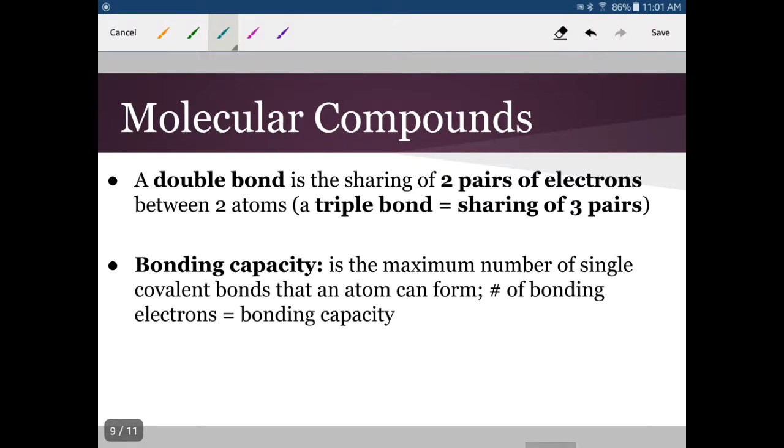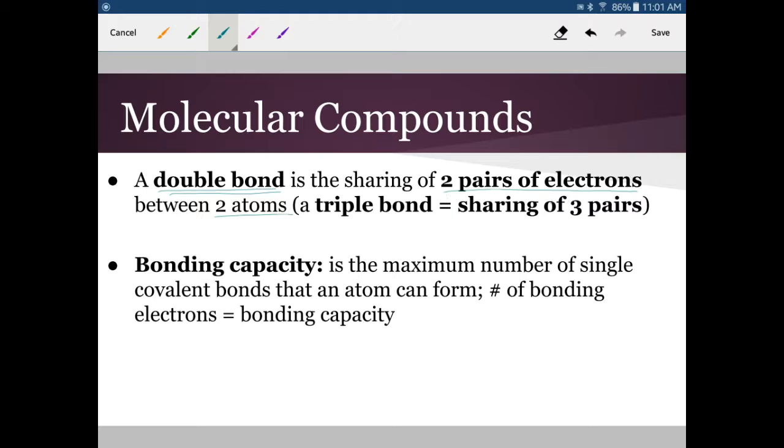Now, we also have to consider a few other things. We can have double bonds, which we've seen with our Lewis diagrams. Anywhere where we have 2 pairs of electrons between 2 atoms, which is when we have to move those electrons in our Lewis diagrams to make a full octet, right?